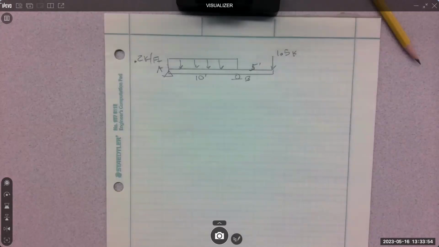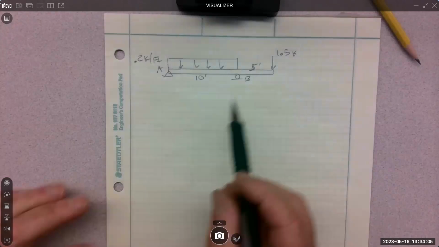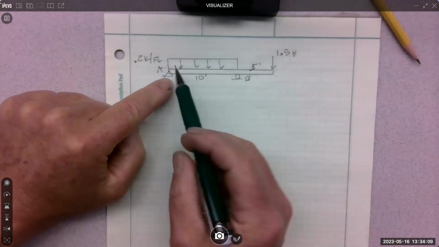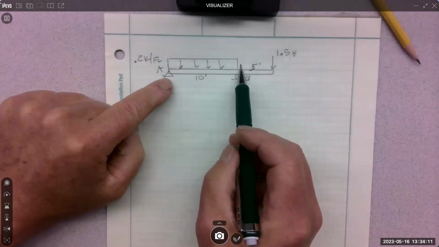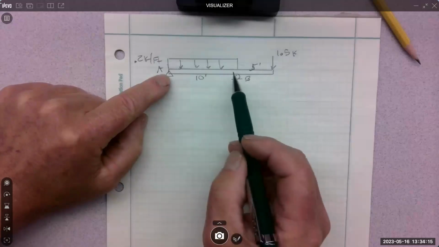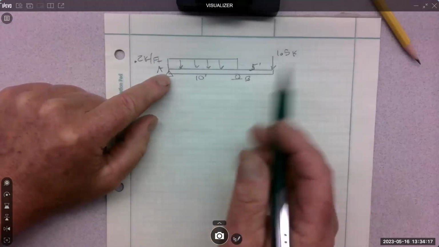So the first part of beam analysis is statics. I just want to go back through that because you'll have to do statics in some of these. So I've given us a beam with a roller and a pin, a distributed load. So stack of plywood or concrete or something stacked on here.